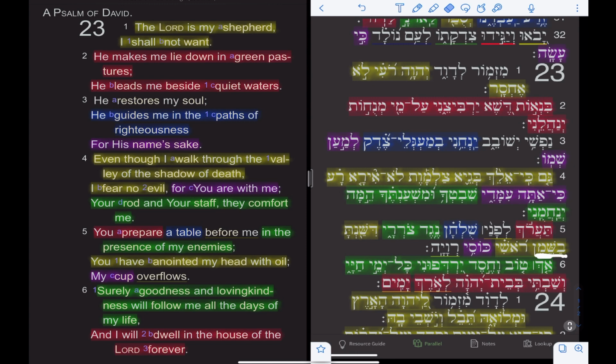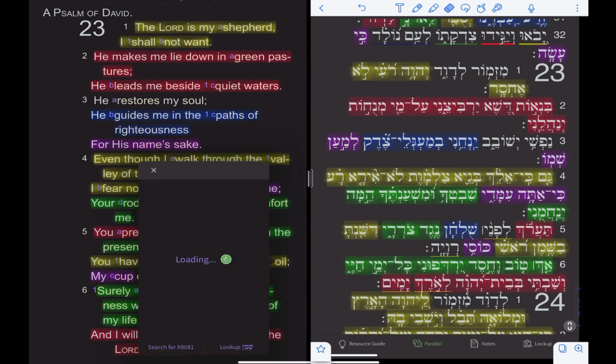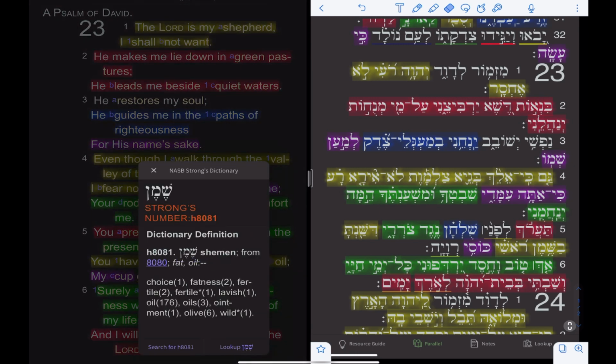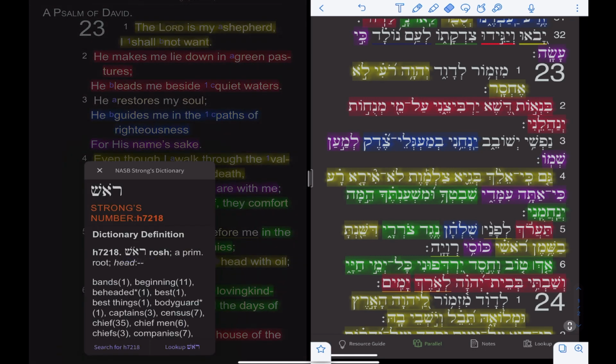my head with oil. So beshaman is with oil. Oil is the root here, shaman. You can see right here, shaman. And so the bet is literally in English with oil. Beshaman roshi, my head. Head is Rosh.